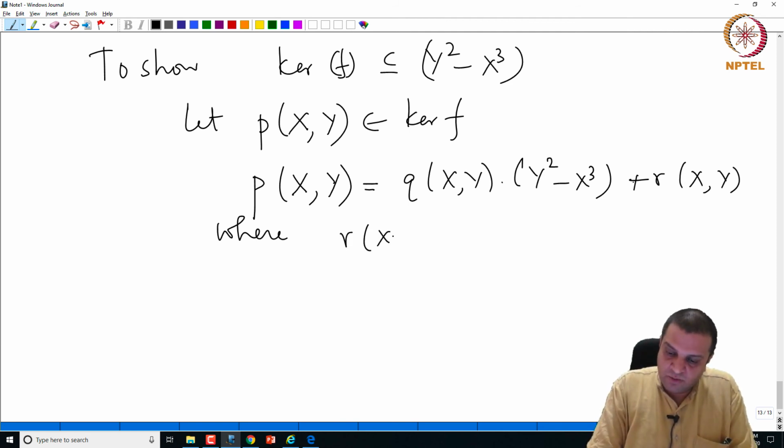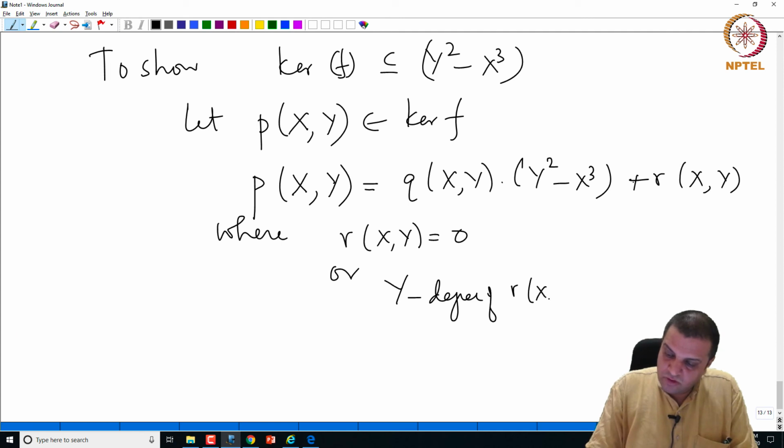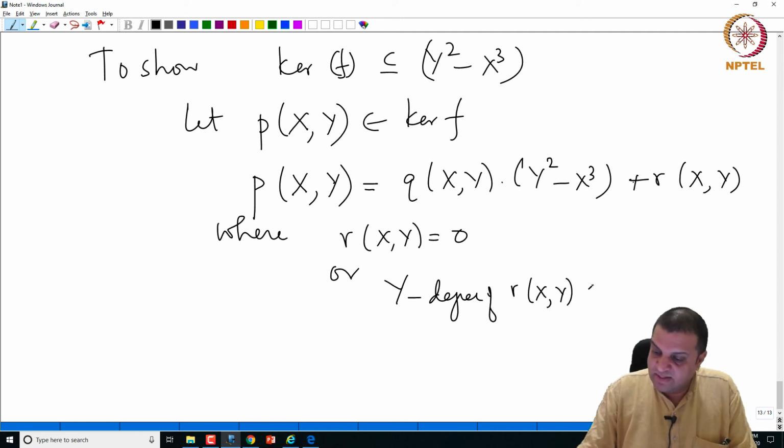this has a certain property. Either this is 0 or its y degree should be less than the y degree of this thing, y square minus x cube, which is 2.